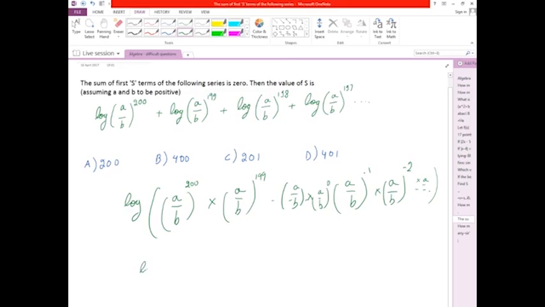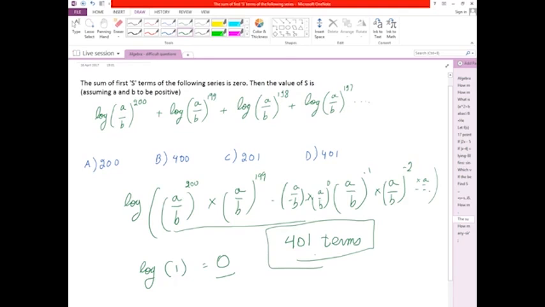So that will give us the answer log 1, which is equal to 0. So if you are starting with 200, you will need to go till minus 200 for the internal part to be 1. And that means 401 terms will be needed. So you need 401 terms for this expression to be 0.